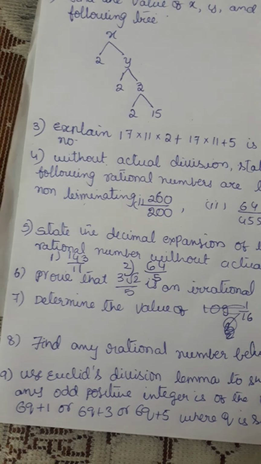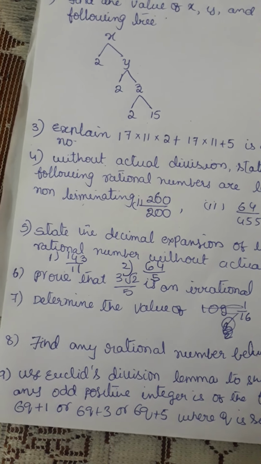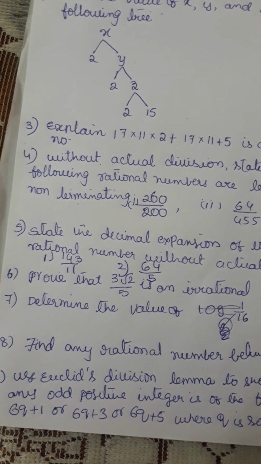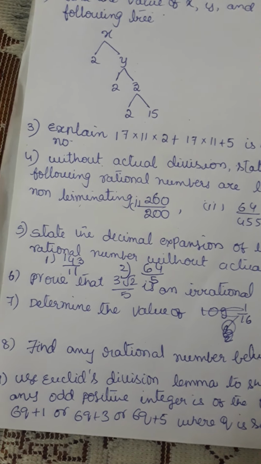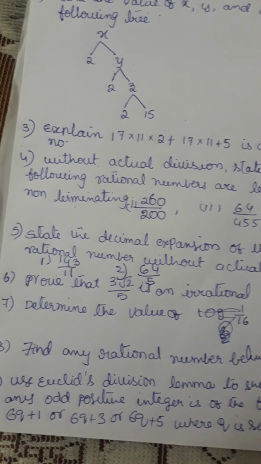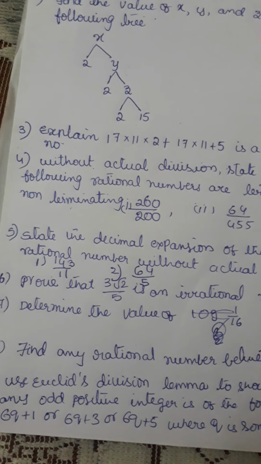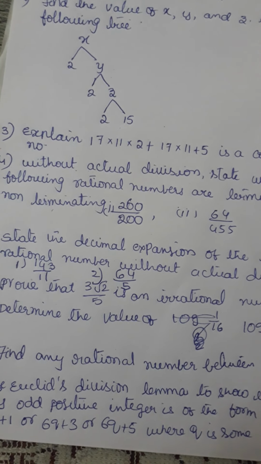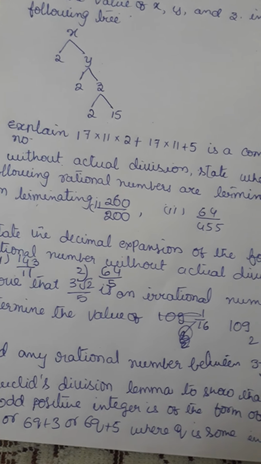It will be 6q plus 0, that is 6q. If r is equal to 1, it becomes 6q plus 1. If r is equal to 2, it becomes 6q plus 2. If r is equal to 3, it becomes 6q plus 3, and so on.